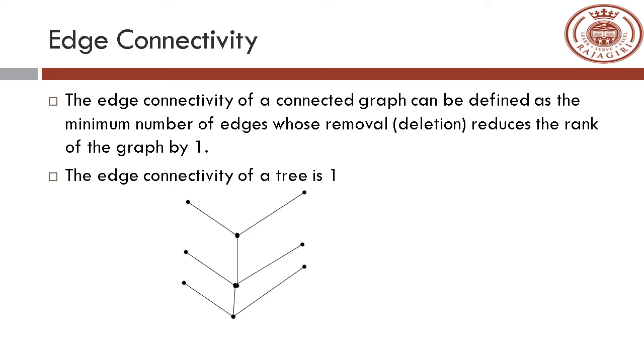If we remove the minimum number of edges so that the graph is disconnected into two components, then the rank will be n minus 2. See the example. The edge connectivity of a tree is 1, because if you remove any one of the edges, the graph will be disconnected into 2. Therefore, the edge connectivity of a tree is 1.